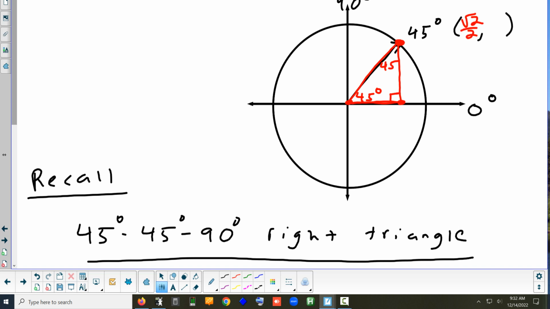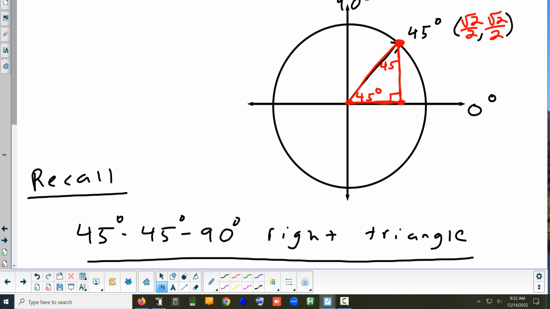And then how far up do I go to get from here up to there? Square root of 2 over 2. So that is always my coordinate for 45 degrees. We don't want to have to go through and figure that all out again. So now we just want to memorize or put it on your reference sheet that the coordinate for 45 degrees is always root 2 over 2, comma, root 2 over 2.